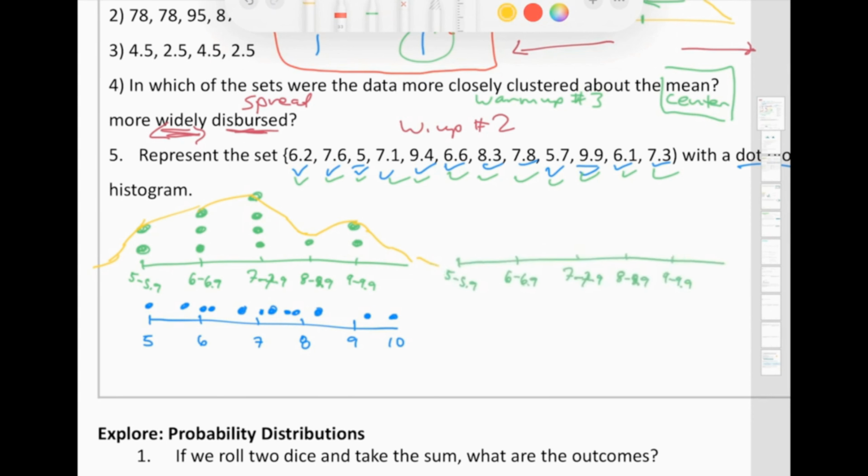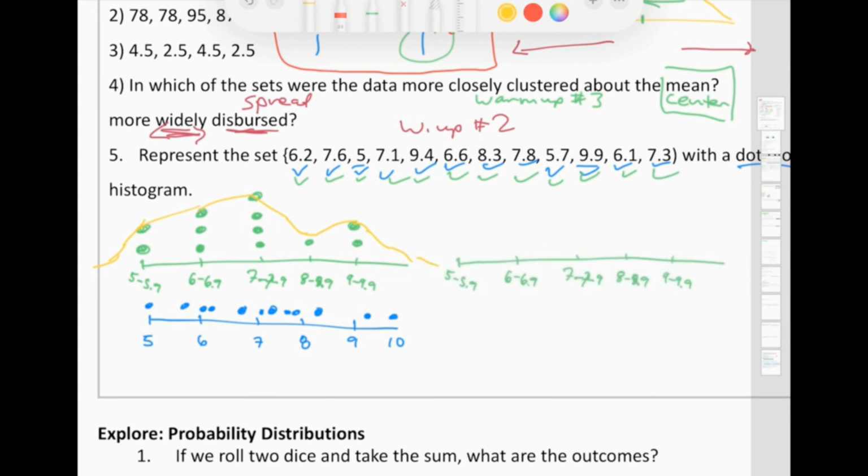And let's go ahead and make a histogram. And the histogram is the same idea, but now we can just indicate it. There's like 1, there's 2, 3, and 4. So there was 2 over here.